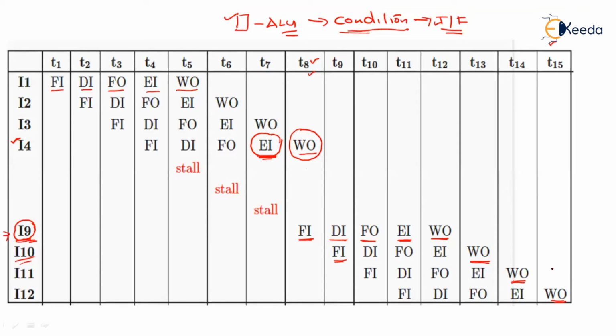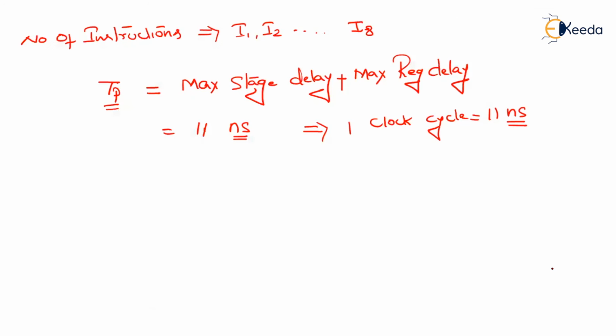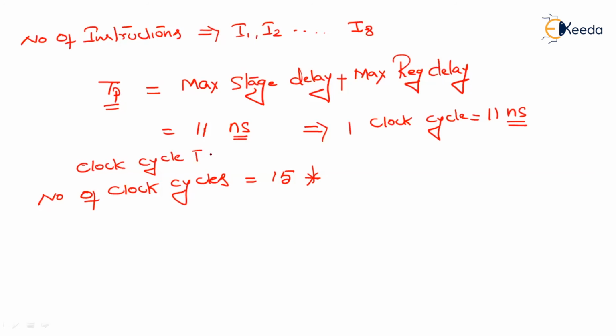So the number of clock cycles required is 15 into each clock cycle time. What is the clock cycle time for a pipeline? Do you know that? Clock cycle time is equal to TP, which is equal to max stage delay plus max register delay in the pipeline.